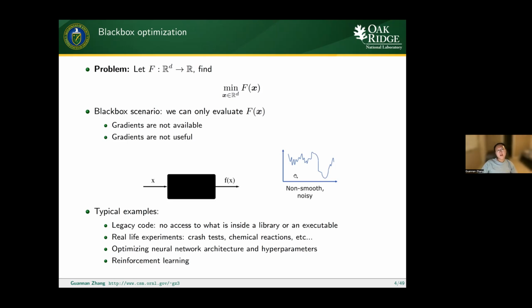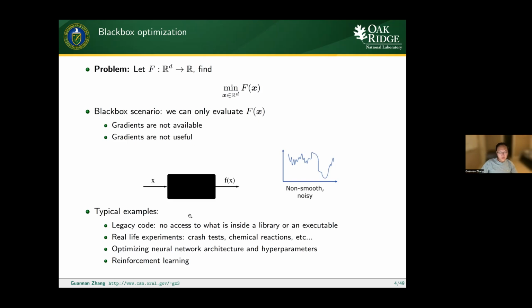Black box optimization algorithms have a lot of applications. Some examples include optimization problems involving legacy code like a PDE solver, where you cannot obtain the gradient of the loss function because old PDE solvers are not automatically differentiable.